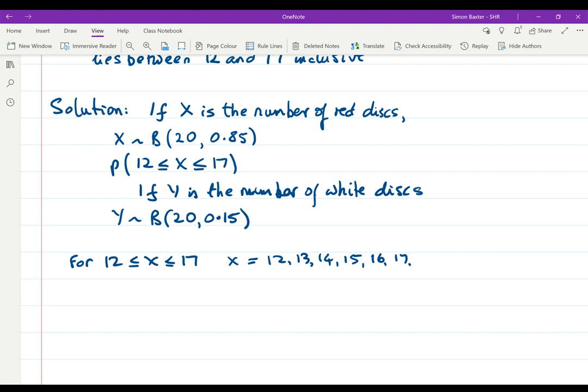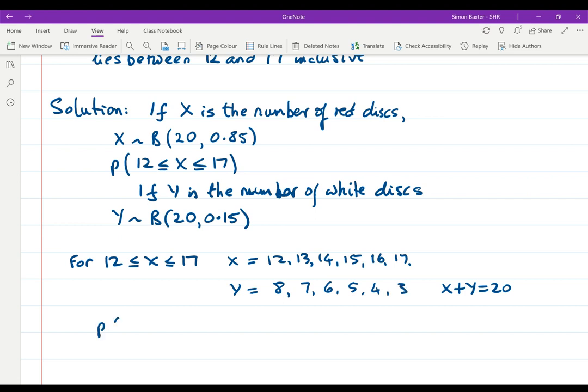If you don't put the numbers in, then it's easy to make a mistake, other than the one I've just made. So, remembering that X plus Y is 20, we have 20 in total. If X is 12, then Y is 8. If X is 13, Y is 7, 6, 5, 4, 3.